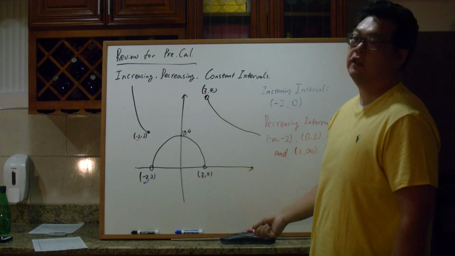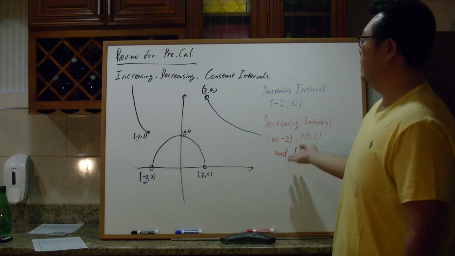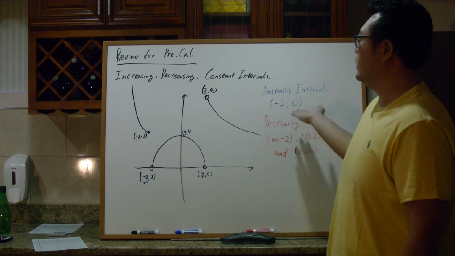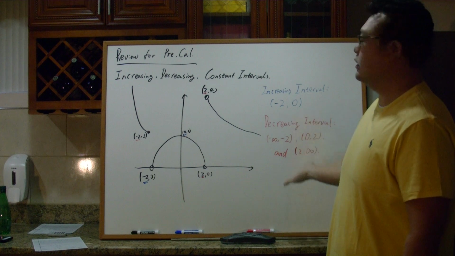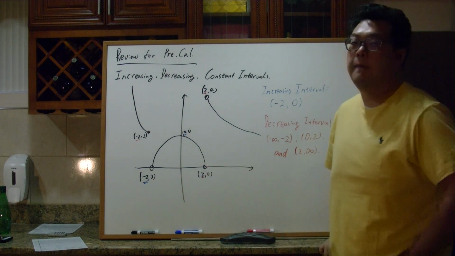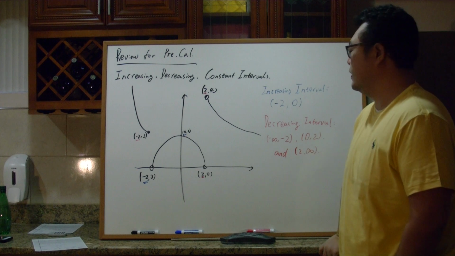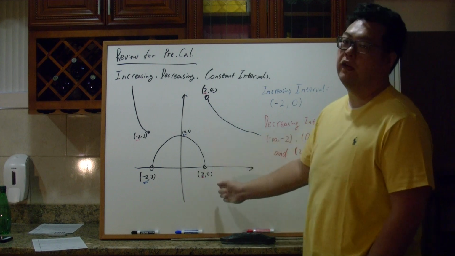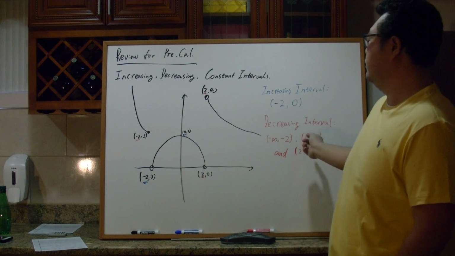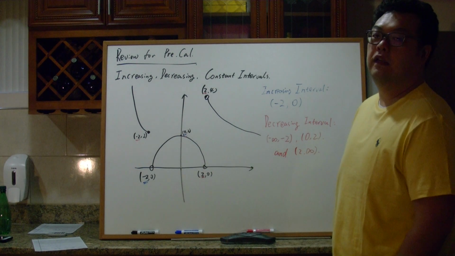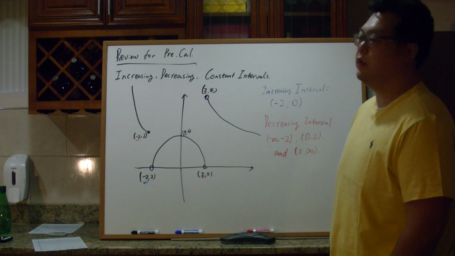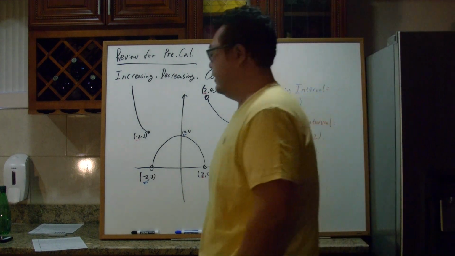Whether it's defined at 2 doesn't matter. When asking for increasing or decreasing intervals, we always use open intervals, which do not count the endpoints, only the value approached. Therefore, for 2 different pieces of the function, we'll have 2 different intervals. They cannot be put together.